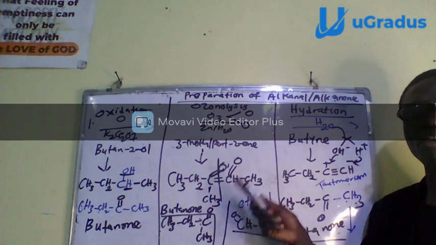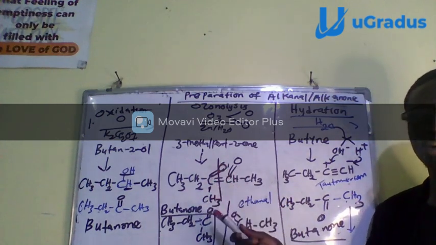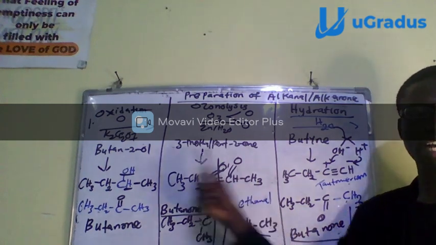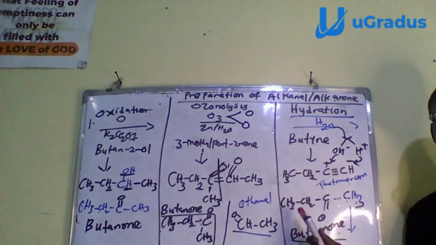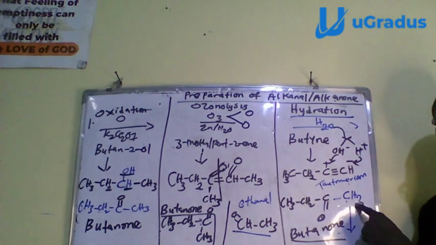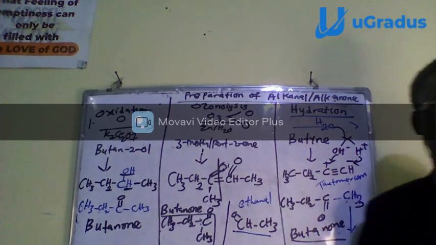But the ozonolysis of a branched alkene, in which the branch is on one of the carbons with the double bond, will give 1 molecule of alkanal and 1 molecule of alkanone. And for addition to alkyne, if you follow Markovnikov, you are going to get alkanone. If you go against Markovnikov, that means the position of oxygen will shift here, then you are going to get alkanal. So I hope you have learned a lot in this video.